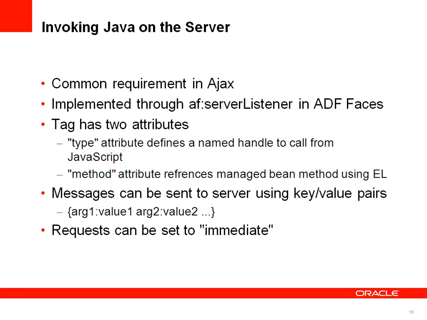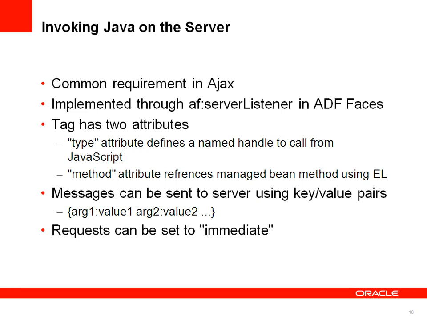However, for the cases where you need to have JavaScript to invoke Java on the server, the server listener is the tag to go for. So the AF server listener is available in the operations category of the ADF Faces component palette. It has two attributes. One is the type and one is the method, as I showed you in the live example.